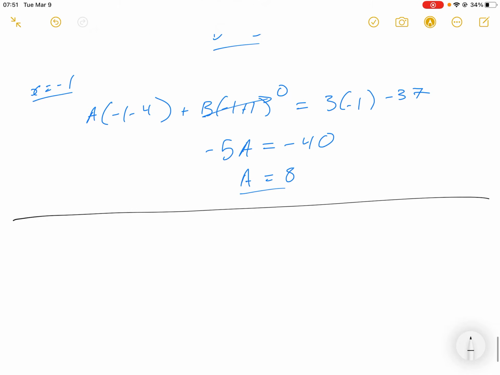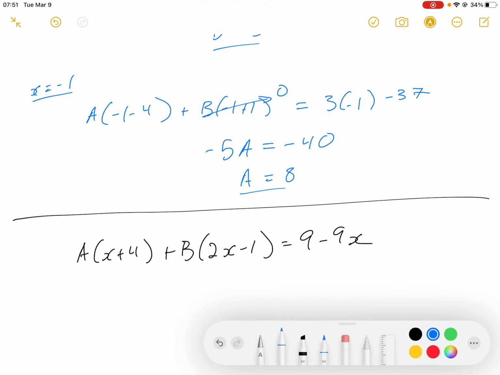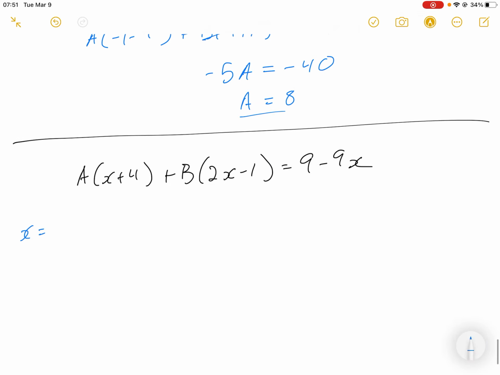For the next problem, we ended up with an equation that looked like this, a times (x plus 4) plus b times (2x minus 1). And so we're going to use, first of all, x equals negative 4, so that would be the 0 here. So the a term's just going to go away. You don't even have to write it, but I'll keep doing that just so we see what that looks like.